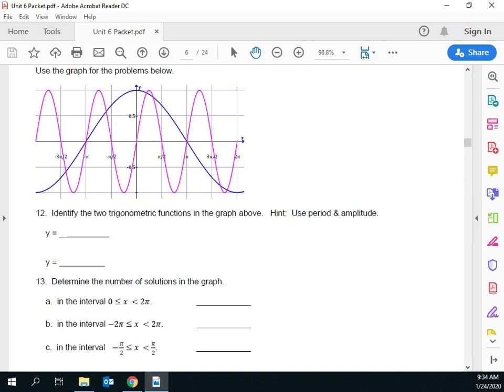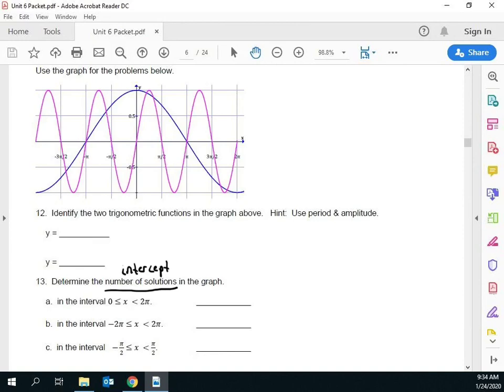Let's skip down to 13. Determine the number of solutions, which basically asks, where do they intersect each other? So we go through here from 0 to 2 pi.